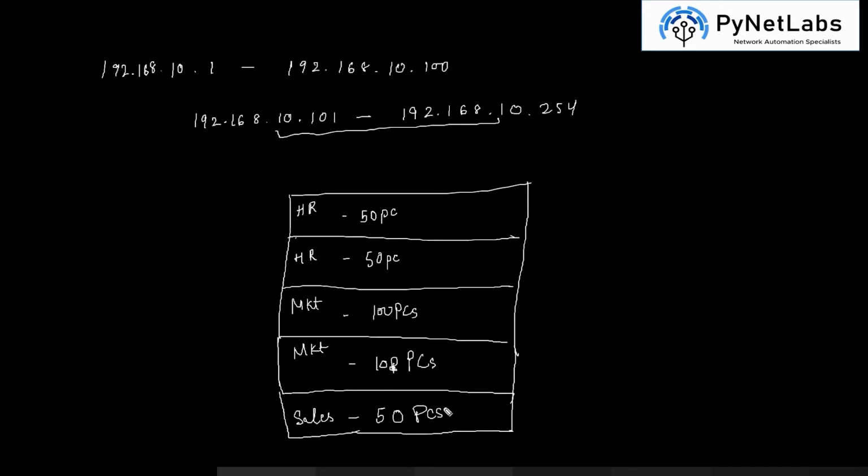Now, you want to configure the network in such a way that these 50 PCs of HR can communicate with each other, but they cannot communicate with marketing or the sales department. So you have to configure it so that no communication can be made between these departments, but they can still communicate within themselves.